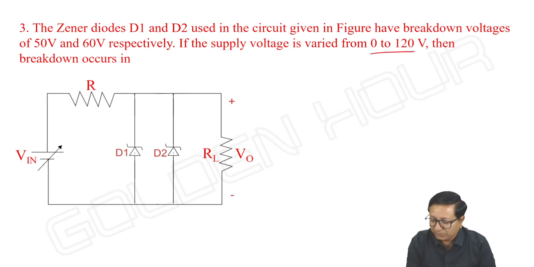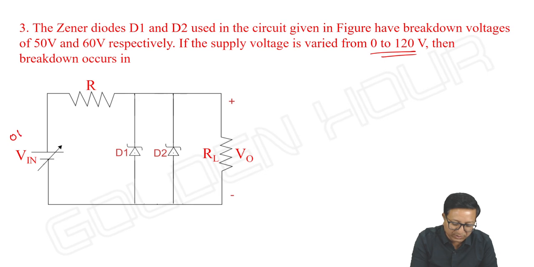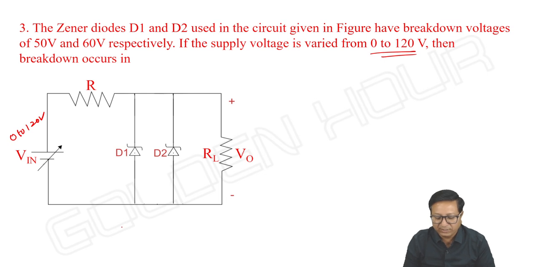So here the input is varying from 0 to 120 volts. And they have not mentioned anything about the knee currents and etc. Nothing to worry. Suppose the input is less than 50 volts, let us say. Anyway, similar kind of problem we did in clippers, if you remember so.